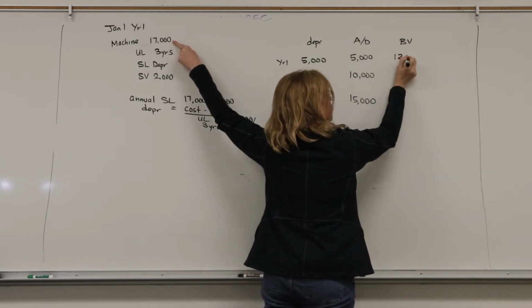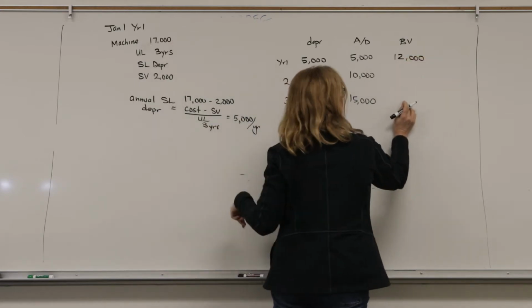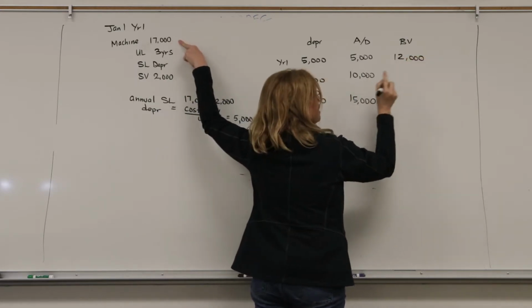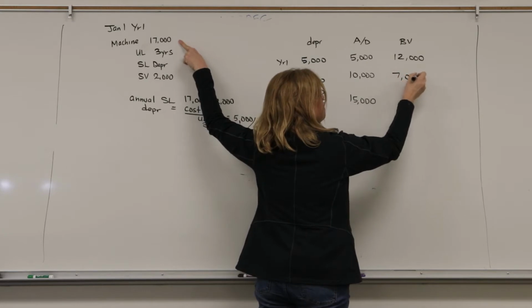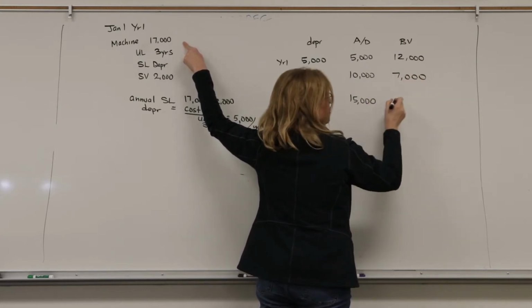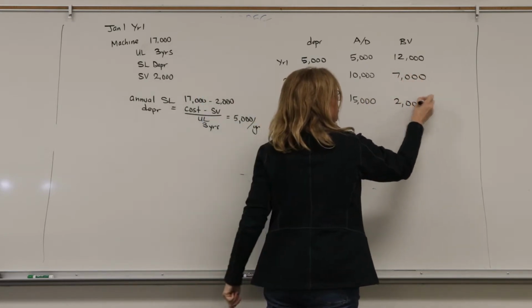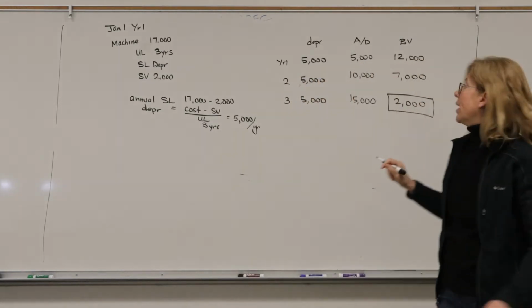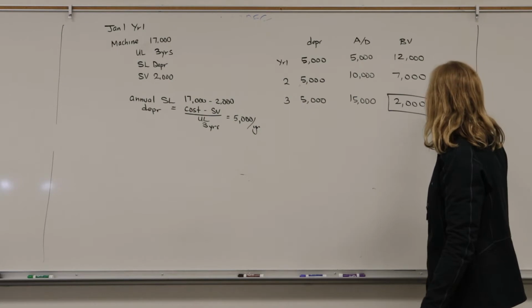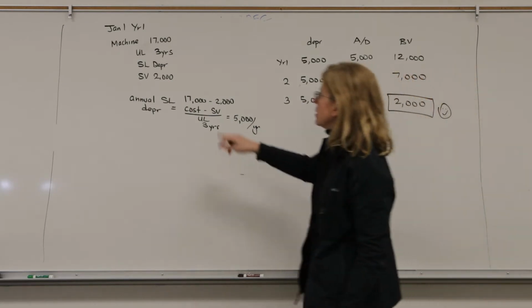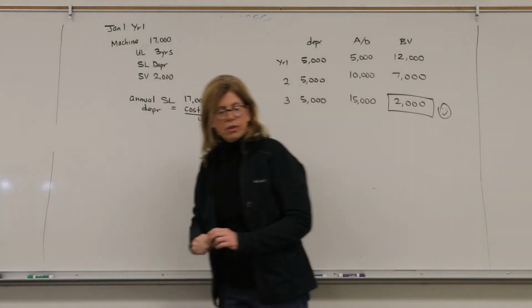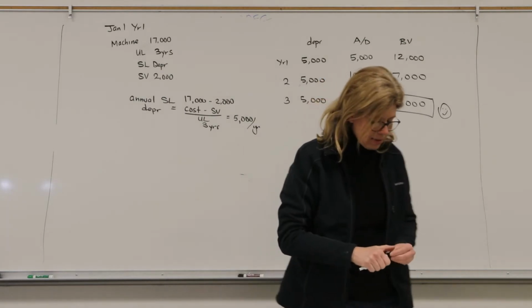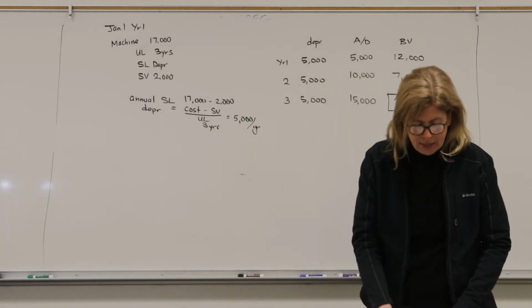I have a book value of $12,000 at the end of year 1. 17 minus 10 will give me 7. 17 minus 15 will give me 2. And we know always at the end of the useful life, book value better equal salvage value. And it does. So that said, let's sell this asset 50,000 ways.